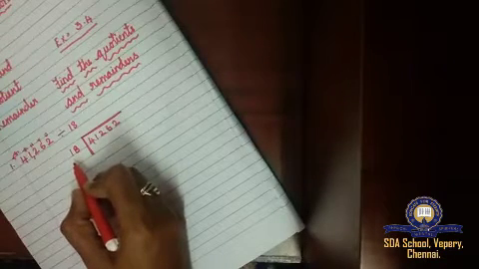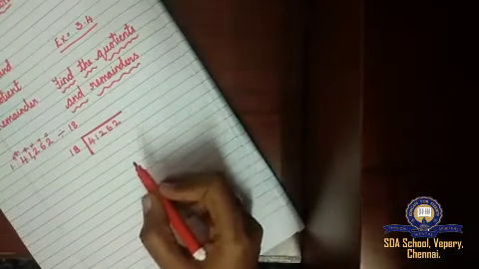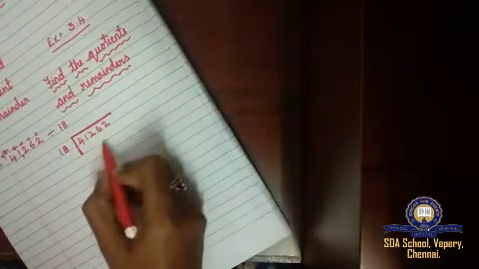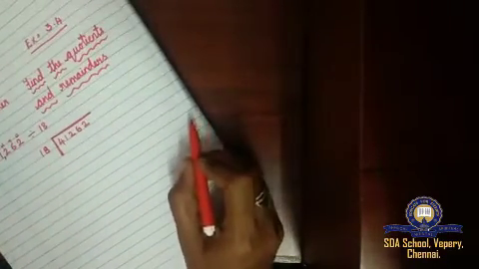Now we are going to multiply. For this division sum we need the 18 table.